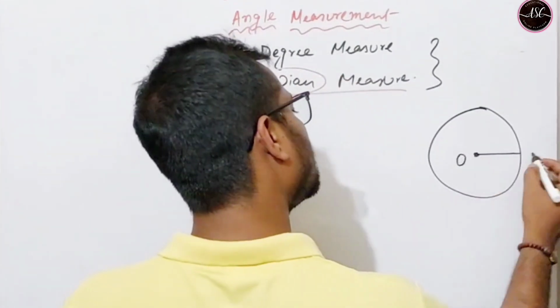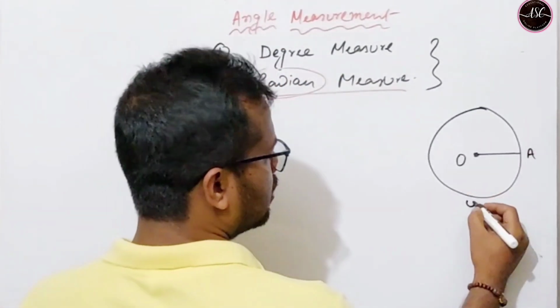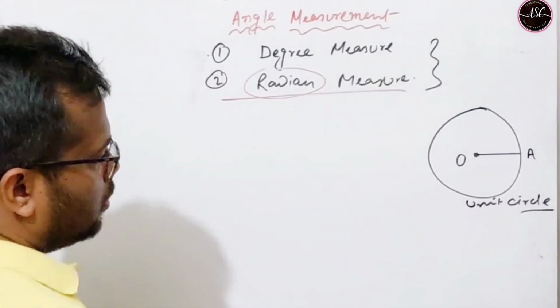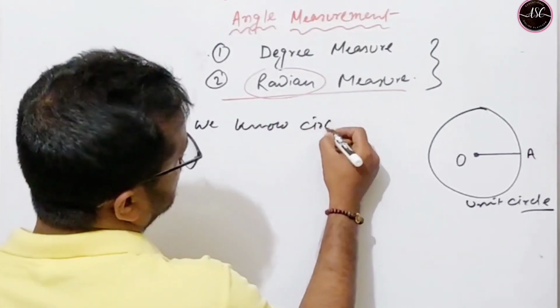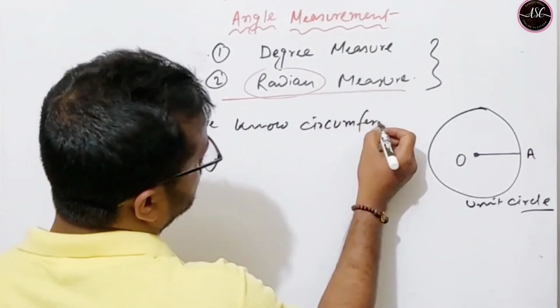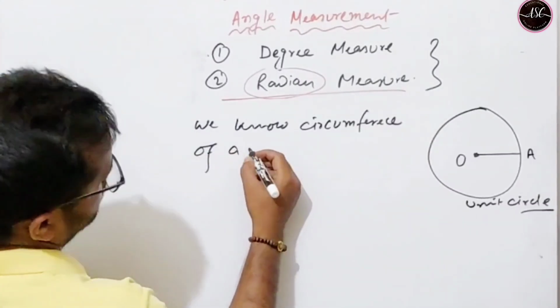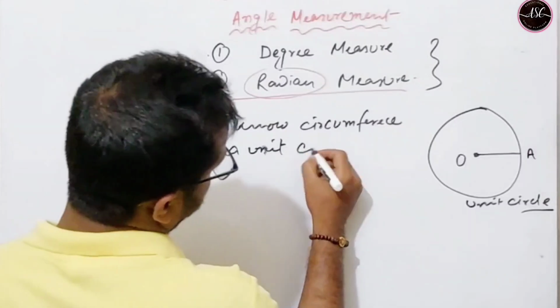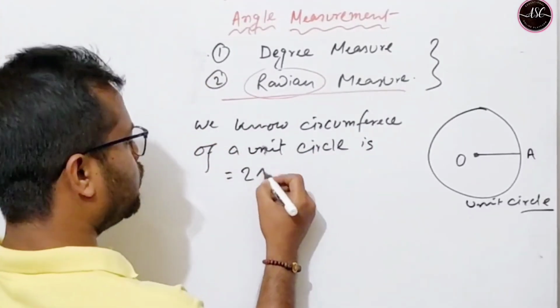This is a circle and this is a ray. This is the unit circle. We know the circumference of a unit circle is equal to 2 pi r.